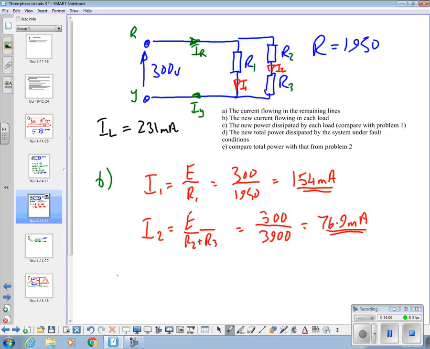Part C. Find the new power dissipated by each load and compare that with problem 1. So if we focus first on R1, how do we calculate the power dissipated by R1?